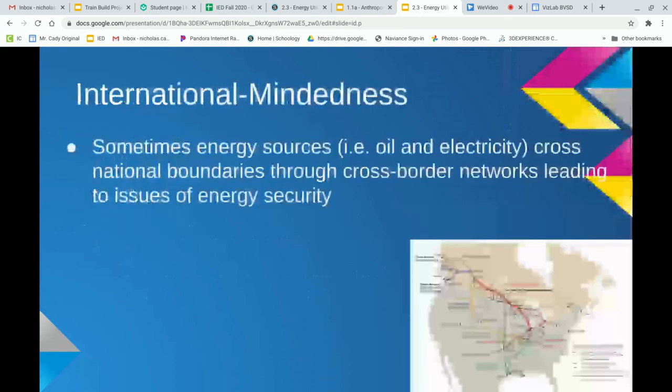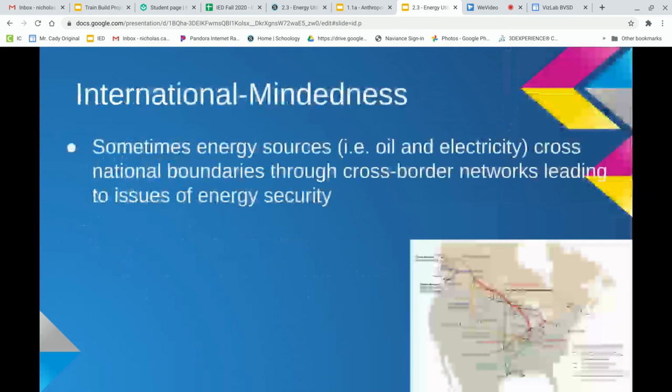International mindedness. Sometimes energy sources, for example, oil and electricity, cross national borders through cross-border networks, leading to issues of energy security. This would be true in this image here. Now, luckily, we have a really good relationship with Canada, and I think we kind of take care of each other. But a lot of the oil that gets harvested from Alaska gets sent down to the lower 48 states via pipeline.